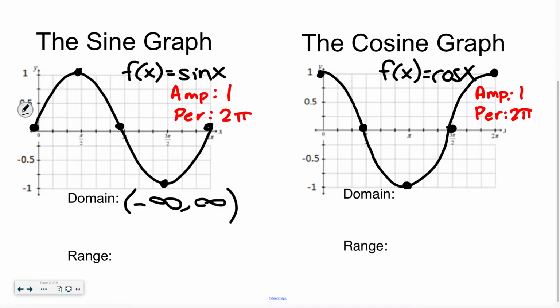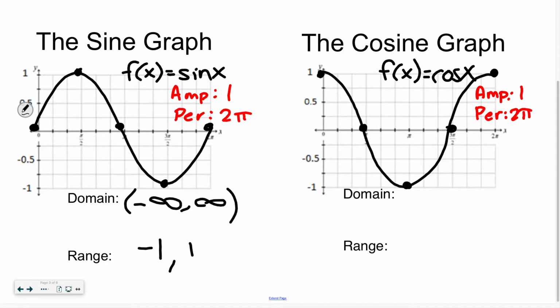But when you're looking at range, remember range is what you can get out for y's. You're stuck in the confines of your wave, right? You've got a min and a max value. So our range is going to be from -1 to 1, our min and our max. Should we use brackets or parentheses? What do brackets mean?